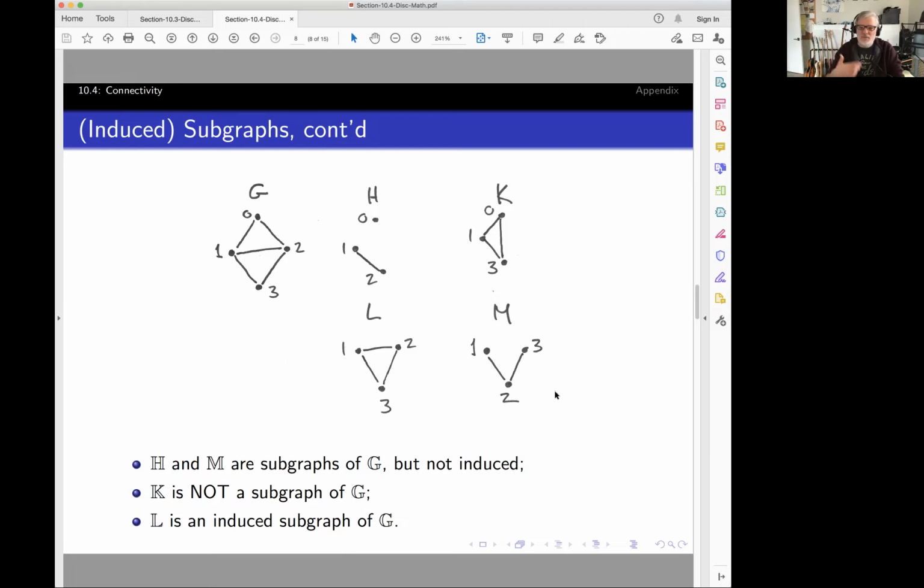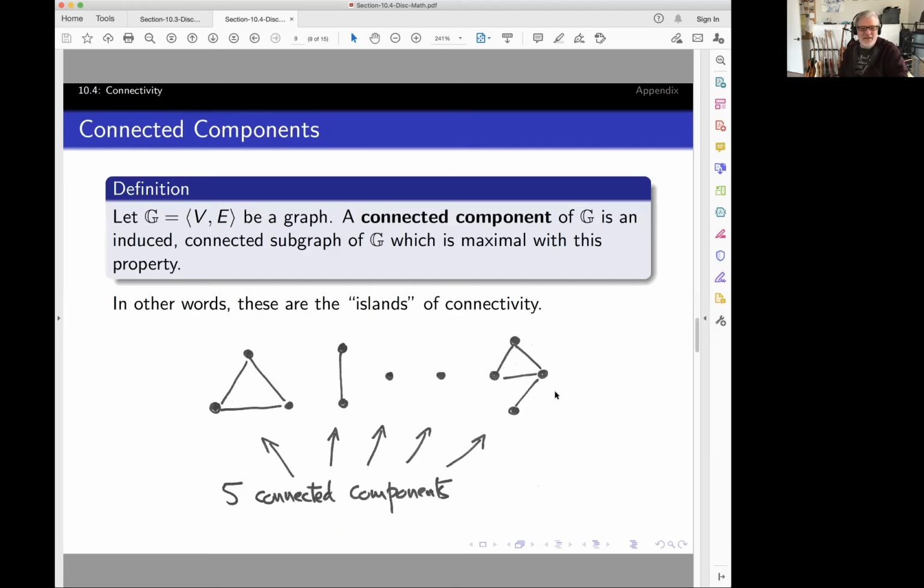By playing with these things, at some point you'll say, oh yeah, okay, I see why we might want this notion of subgraph and induced subgraph. For me, induced subgraph is the more natural concept, but that's personal, I guess. Anyway, okay.